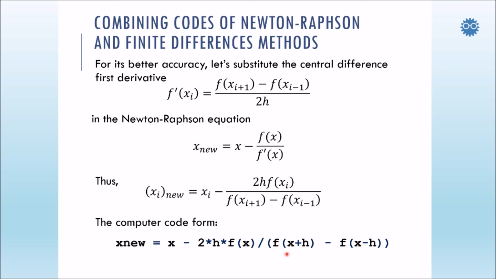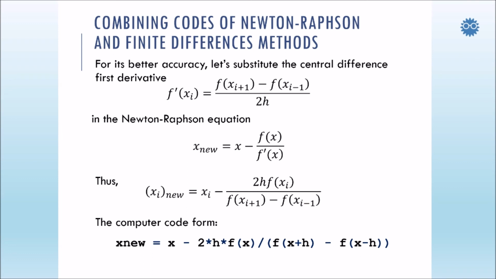Same thing. And here also we expressed the subscript notation, but in terms of h. So xi plus 1 is x plus h, and xi minus 1 will be x minus h here.